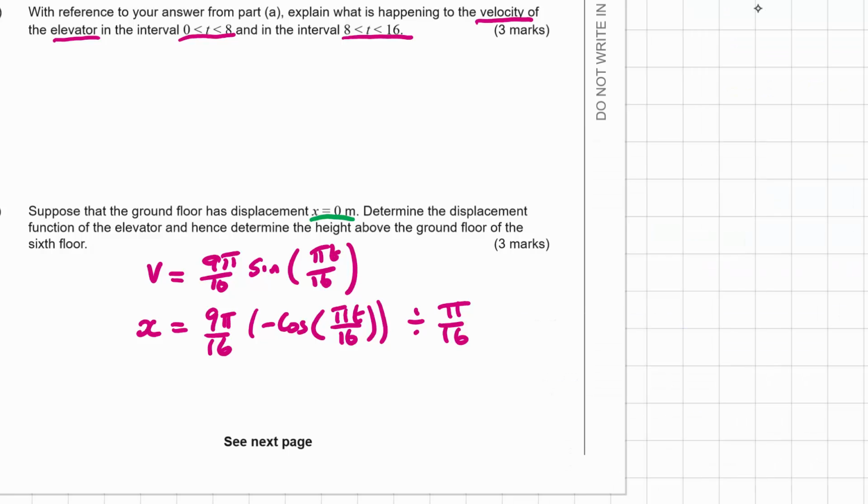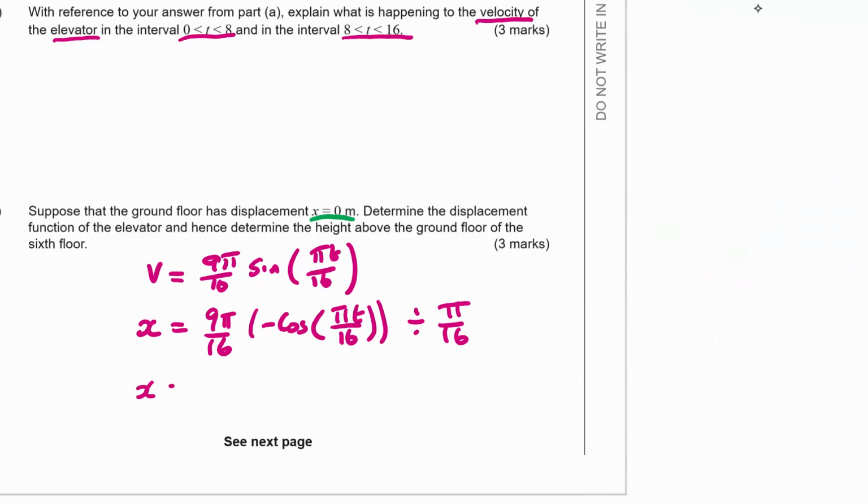So that's going to be 9 pi by 16 times 16 over pi. Bring the negative there, and then we've got cos pi t over 16, and of course plus a constant.